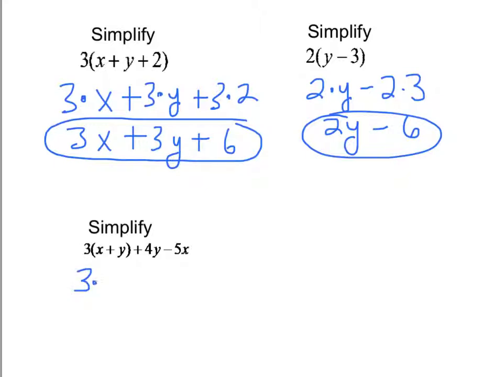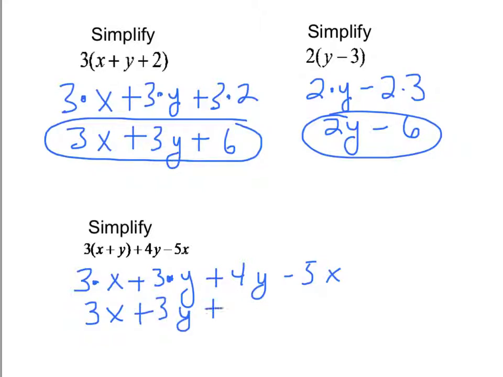So I'm going to say 3 of x plus 3 of y plus 4y minus 5x. So 3 of x means 3x. And 3 of y means plus 3y plus 4y minus 5x.